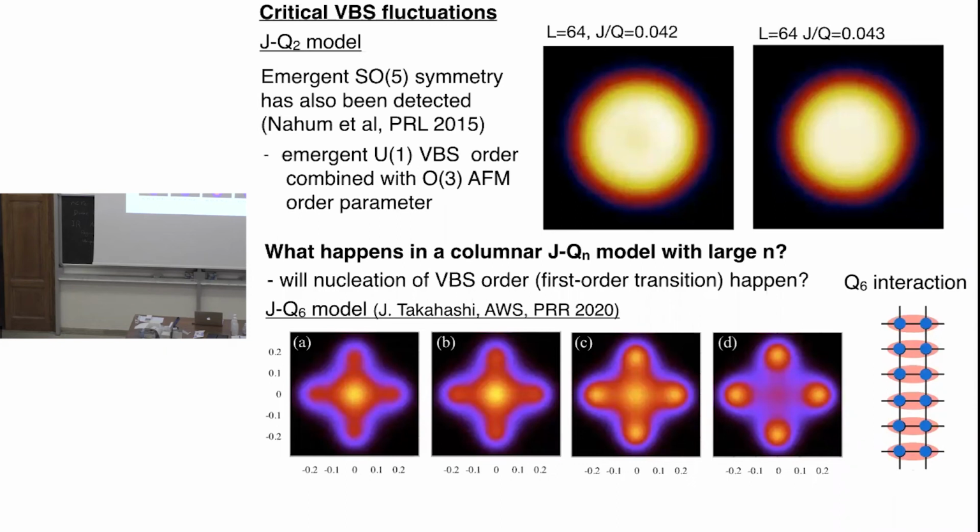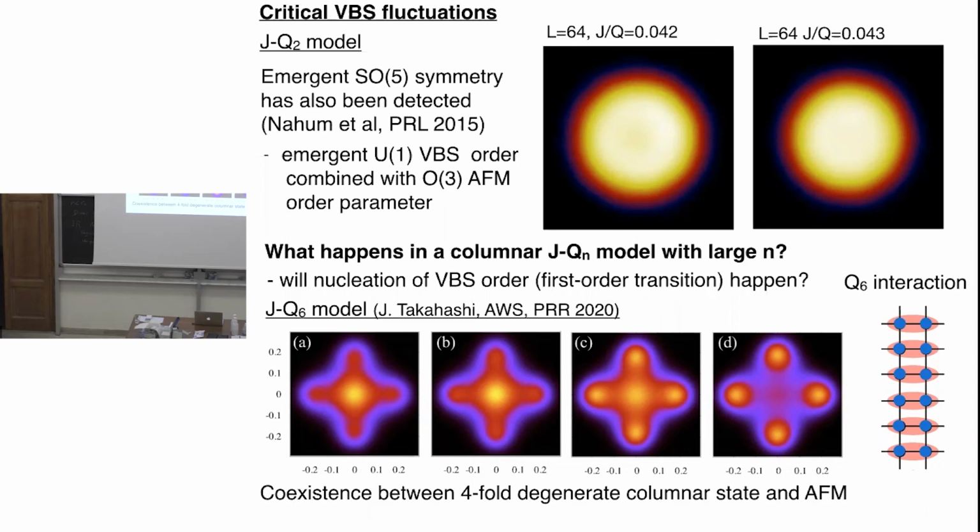So this is basically going from very slightly on the Néel side of the transition, where you are dominated by this central blob, and then you go towards the VBS phase, you get more and more of these side blobs. And in this case, you are in the VBS and the middle blob is gone. So this is really showing that kind of coexistence state, right?